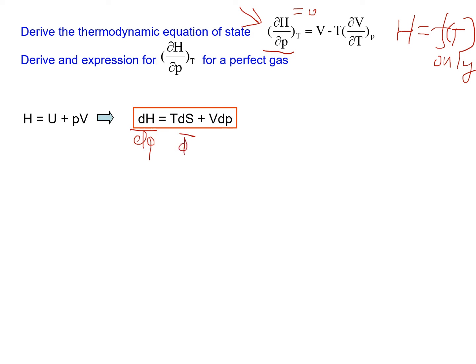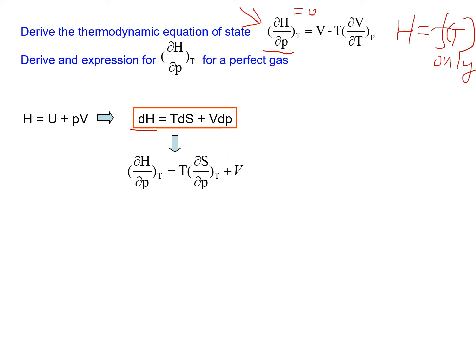The equations are still valid if you divide both sides by the pressure change. So the left side is the enthalpy derivative over pressure under constant temperature. The right side is temperature times the entropy derivative over pressure under constant temperature, plus volume.